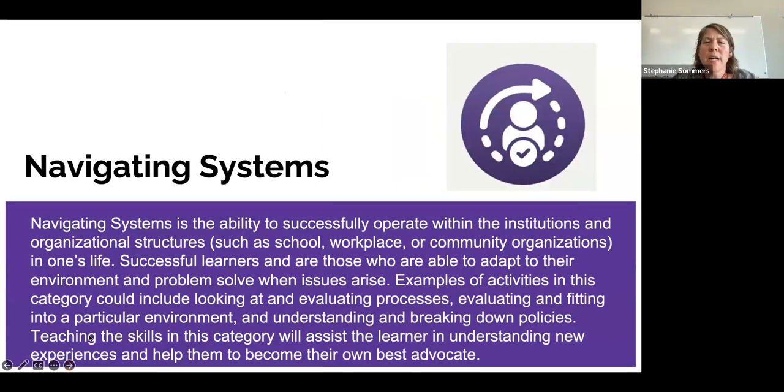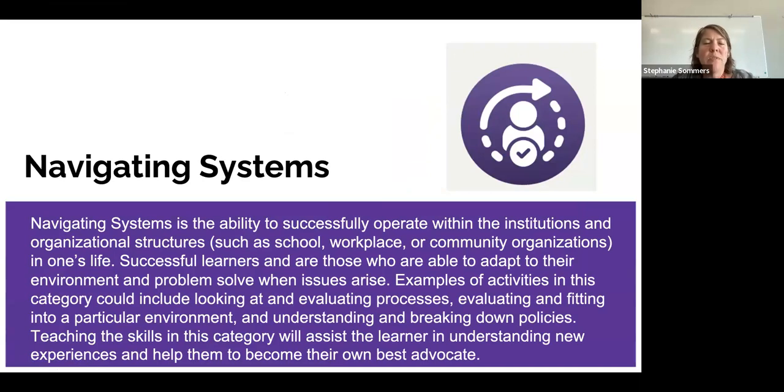So next we'll move on to navigating systems here. Navigating systems is the ability to successfully operate within the institutions and organizational structures, such as school, workplace, or community in one's life. Successful learners are those who are able to adapt to their environment and problem solve when issues arise.